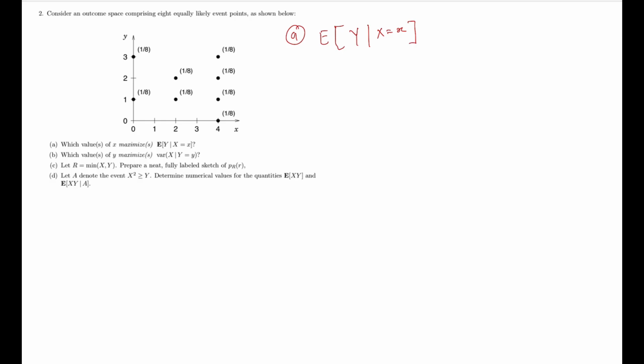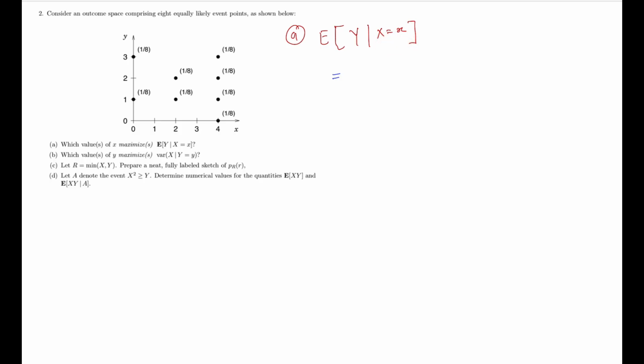This is the conditional expectation. Here we have to find the expectation of this random variable y, but it is not the normal case; it is the conditional case. You have to find the expectation of y under the condition where random variable x takes a certain value.